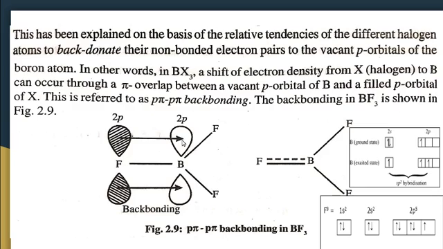So there is greater electron density on the boron atom, and the electron deficiency will get minimized in the boron atom.